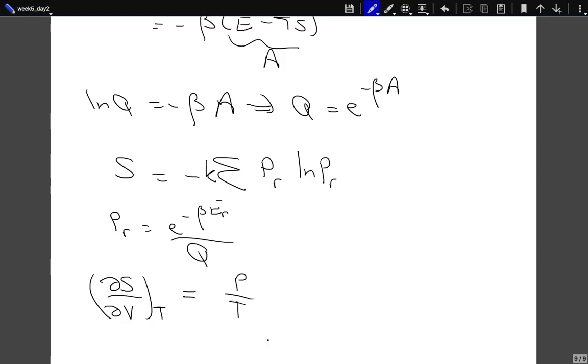One thing to check is, what we know is dU is equal to TdS minus PdV, or dA.